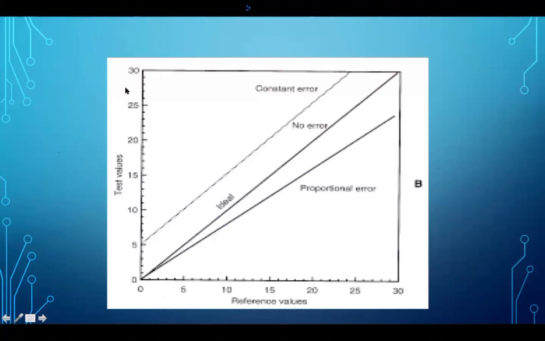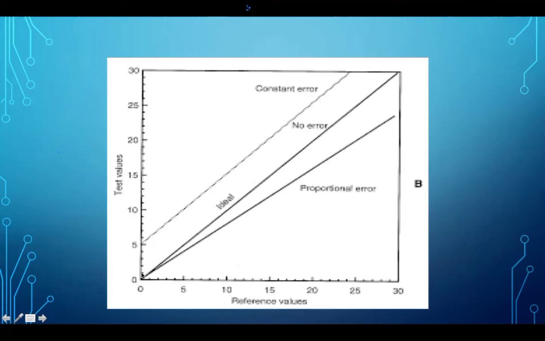Y-axis, our new machine. What is expected? If we are getting 5 gram per dL on our old machine, it should be 5 only on our new machine. If we are getting 10 on old, it should be 10 on new. So that means we are expecting a line at 45 degrees. This is the ideal situation.